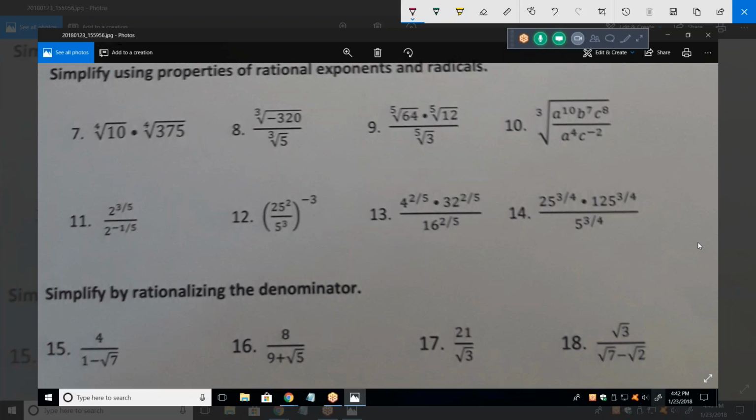Let's do 9. So, divided by 3. It's the 5th root of 256.